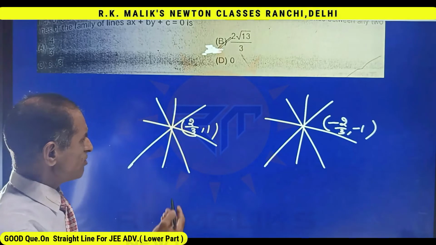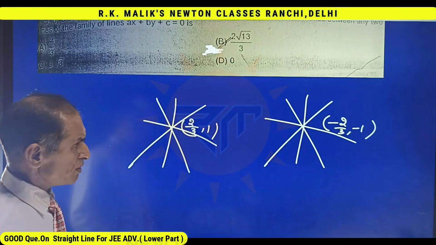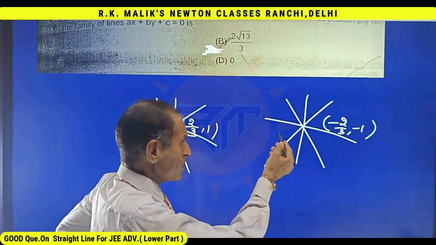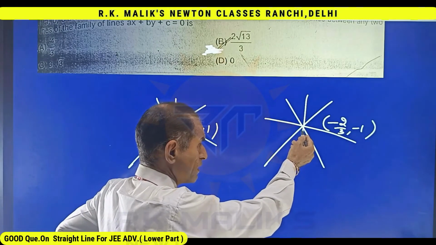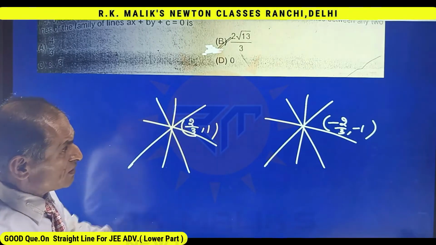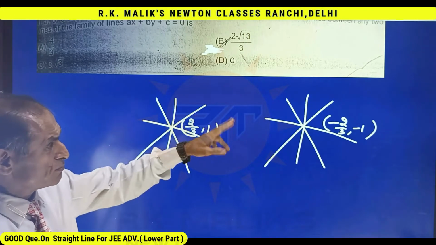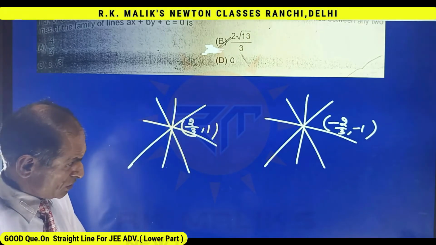It is clear that whichever line I take from this family and any line I take from this family, if those two lines are non-parallel, they will surely cut somewhere. Hence, the distance between those two lines will be 0.